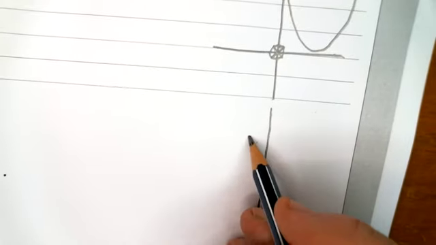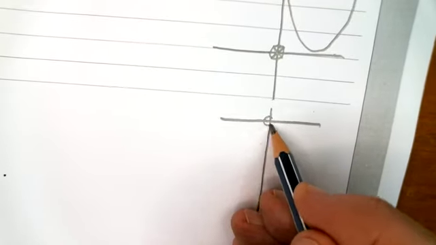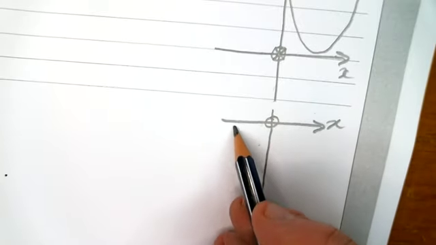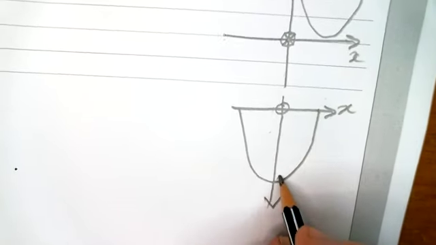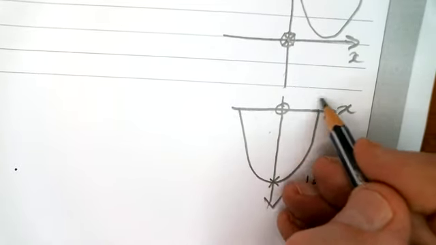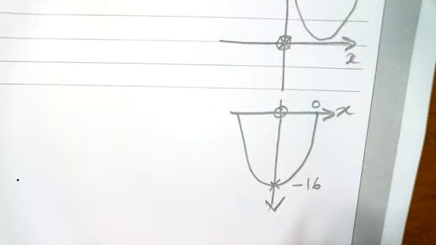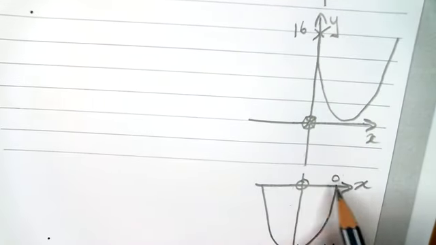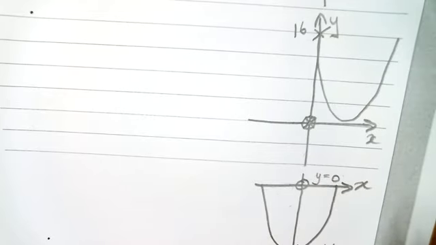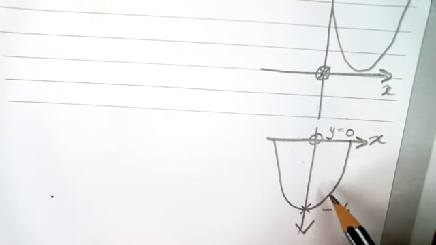Another quite good way would be to have the top here as the 0 point. Here's your x-axis, here's your y-axis, but what you're going to do now is have it going like this, having this be negative 16, and this being 0, the y equals 0 line. So you could do it that way.